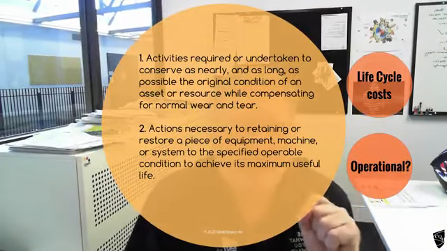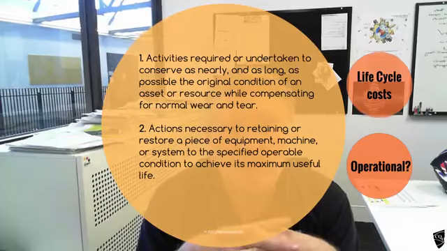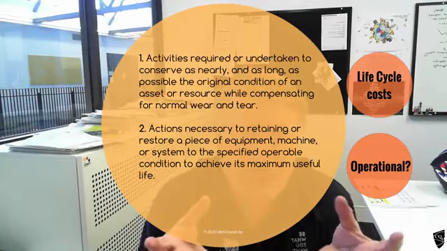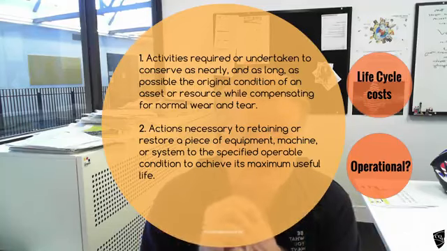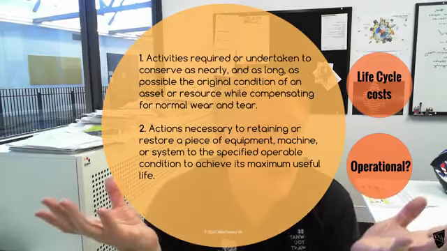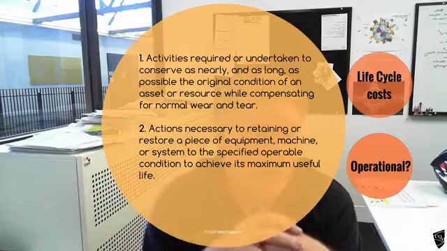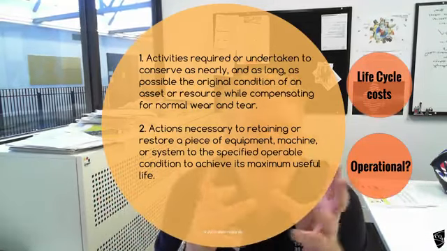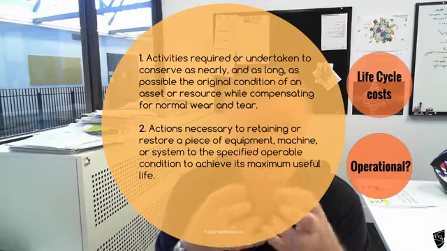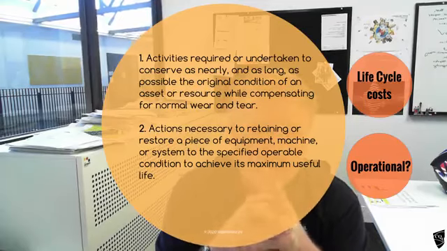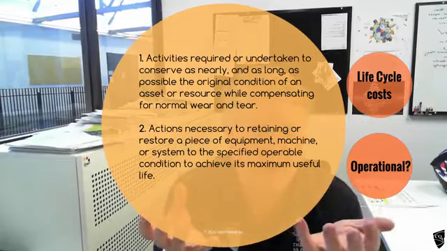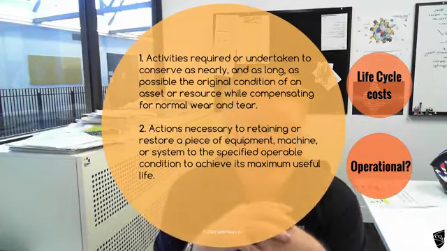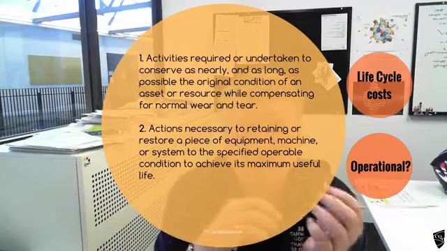So, maintenance costs. We need to get it really clear in our minds exactly what maintenance costs are. There are two definitions here. It can be an activity that is needed, that you actually go and do, to try and keep something as close as possible to its original condition. That's an asset, a building, a piece of equipment, or even a sports ground. But you're allowing for normal wear and tear.